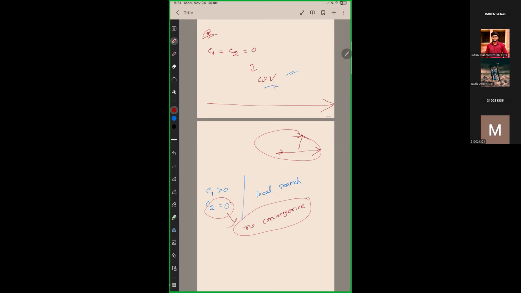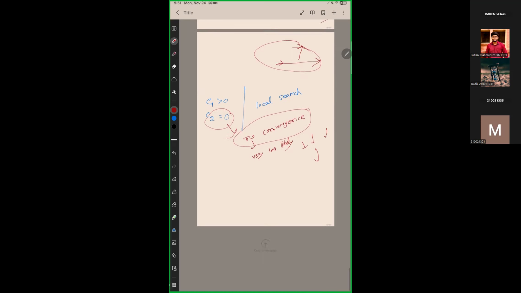There is a very small chance that they are going to converge at a point, because particles start to converge when they tend to mimic others. Others are going that way, so I go a bit too, depending on my local best. If C2 is completely 0, there is no chance they are mimicking others. Everyone is going to be satisfied with their own best solution. So very little chance they are going to converge, and the algorithm is not going to find a solution.